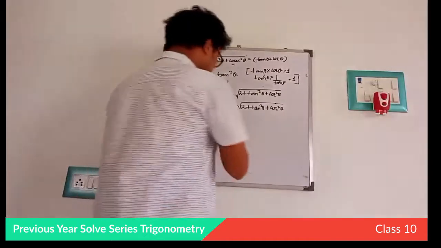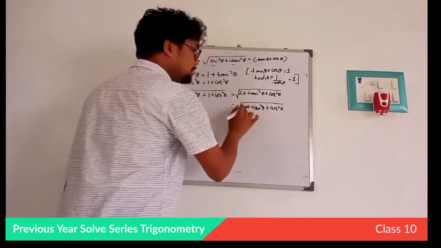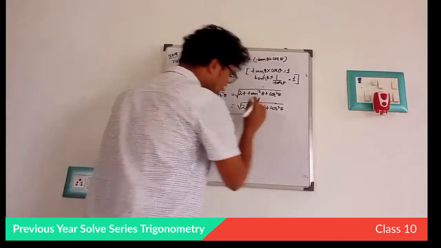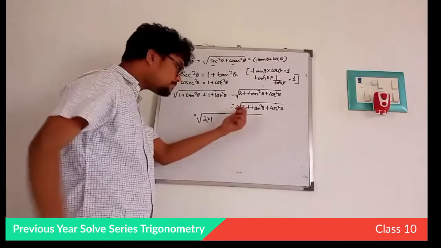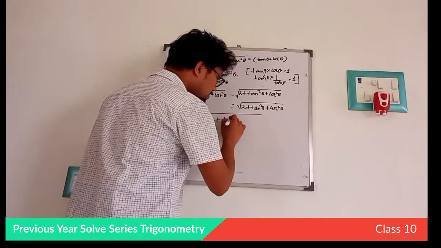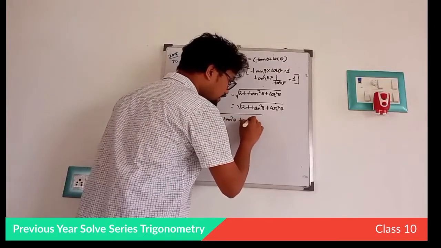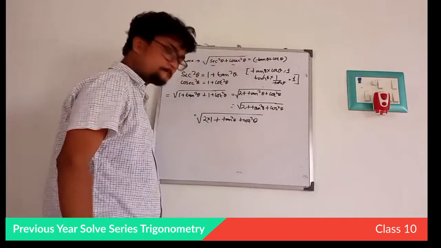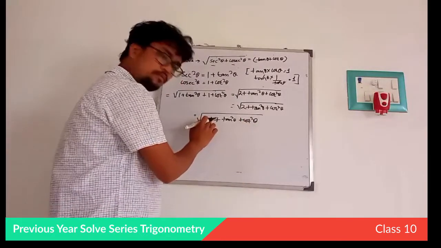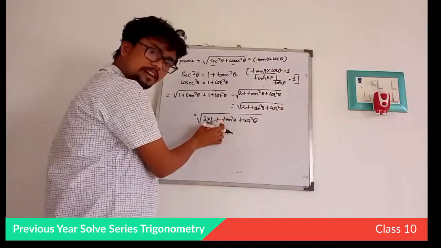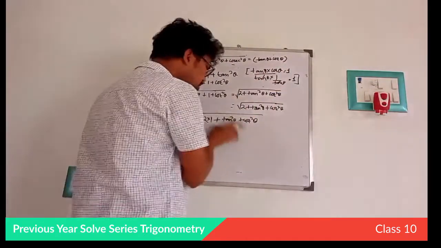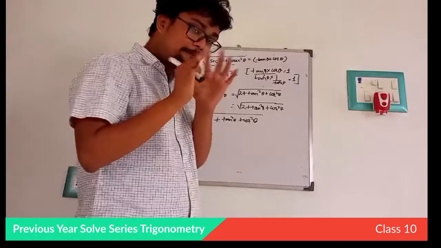Now listen very carefully. In that case, I can write 2 into 1, that becomes 2, and tan square theta plus cot square theta. Now, in the place of 1, I can substitute this value because we need a formula.